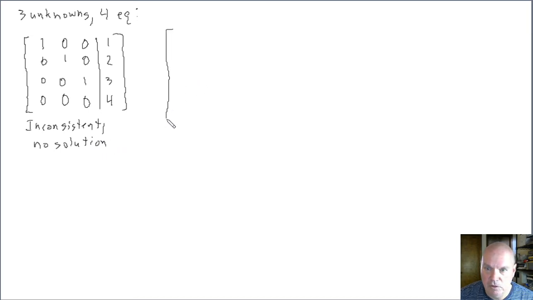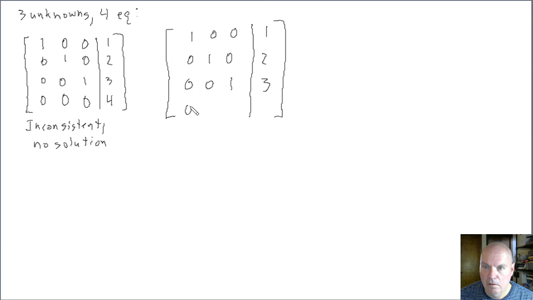Just modifying this slightly, let's say I got this result, again having 3 unknowns and 4 equations. So I'm going to have 4 rows in my corresponding augmented matrix. But now, for a different system of equations, 3 unknowns, 4 equations still, in the process of reducing it to row echelon form, I get this result.